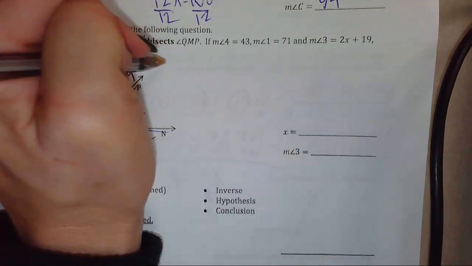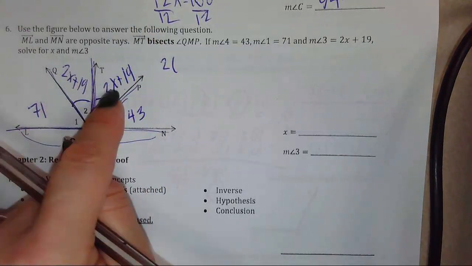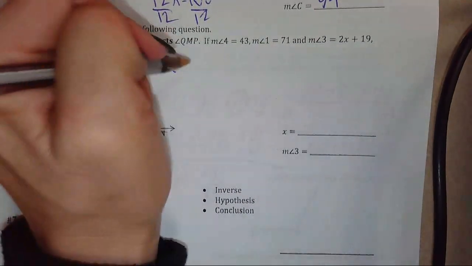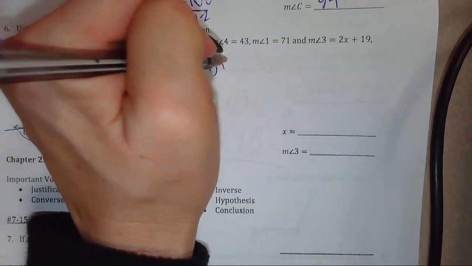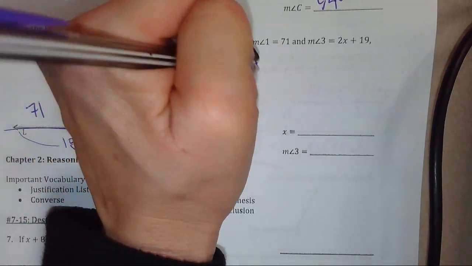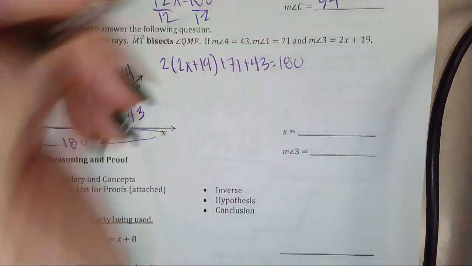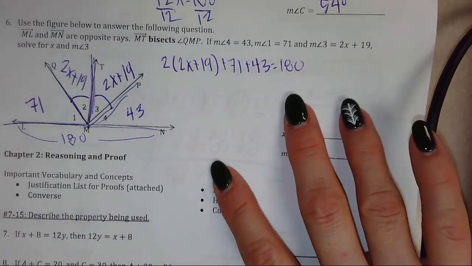So I'm going to do 2 times 2x plus 19 to represent the two angles, 2x plus 19. I'm going to add 71 and 43 and set it all equal to 180.